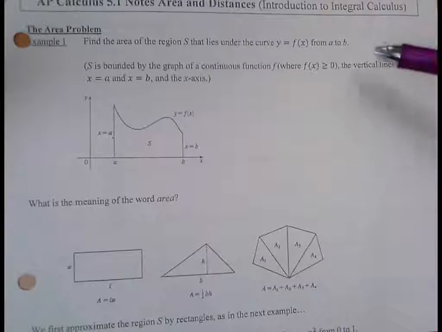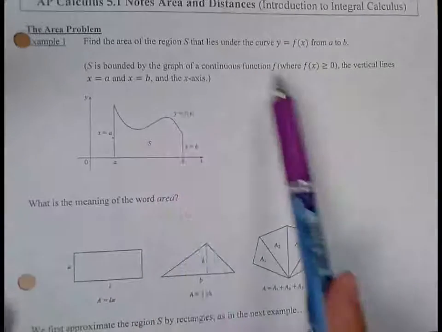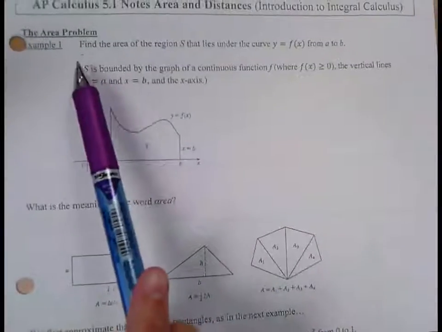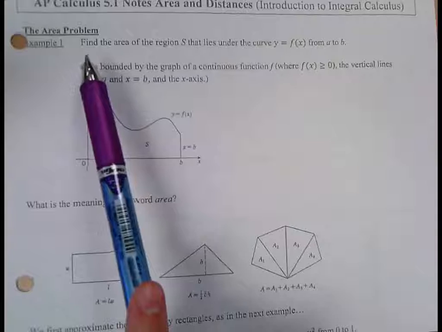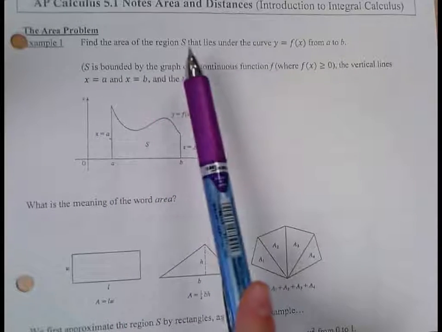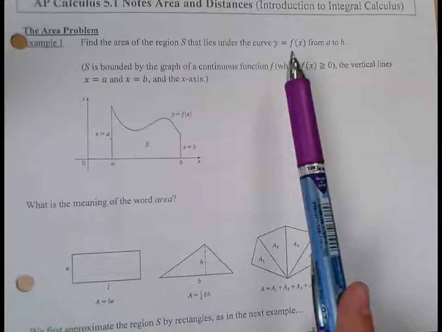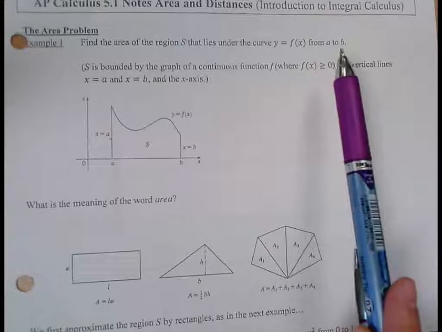There's a lot to go through, but it's again building that sense of how to actually work through these and also why you're working through it the way that you are. For the first example, and we're going to come back to it later: find the area of the region S that lies under the curve y equals f of x from a to b.